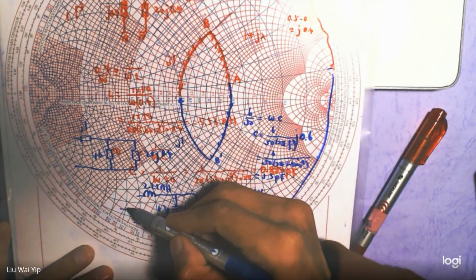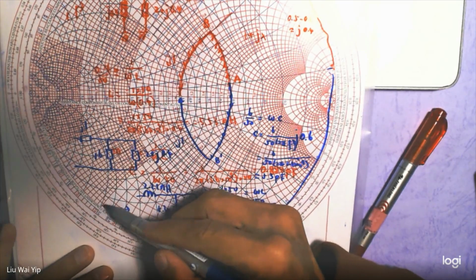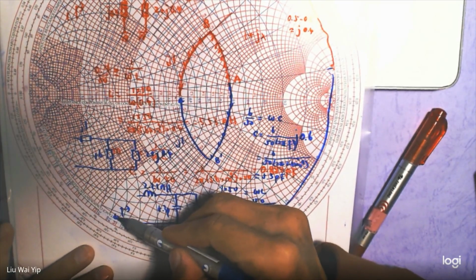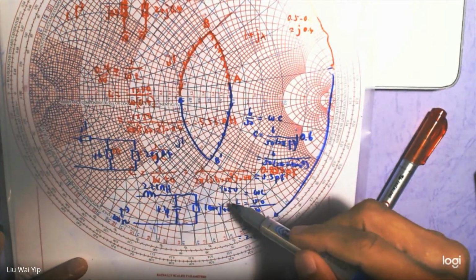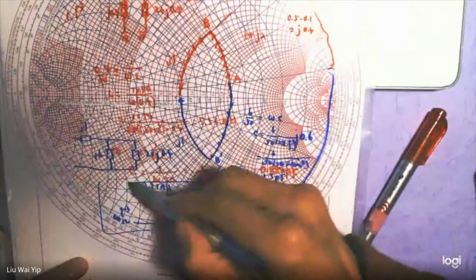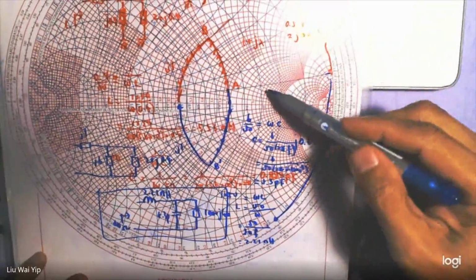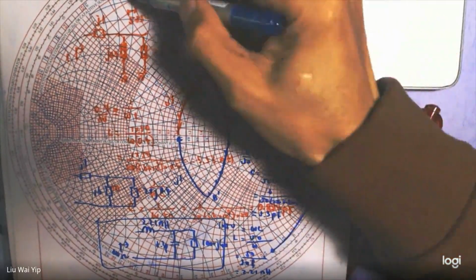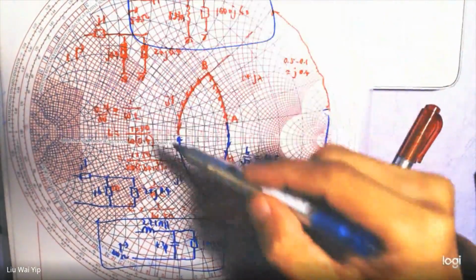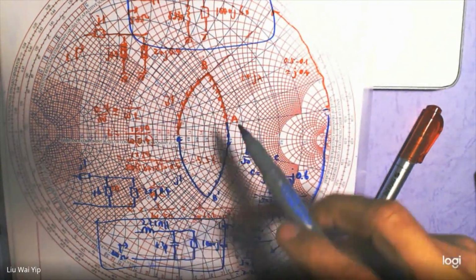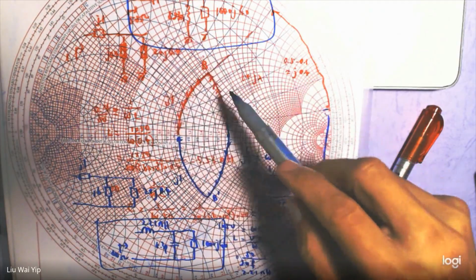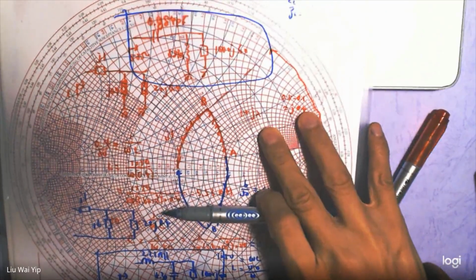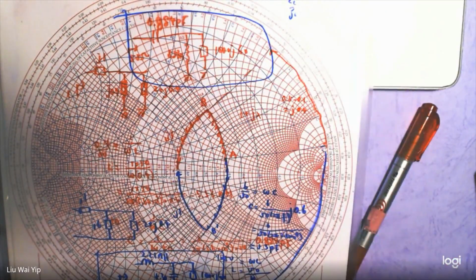So if you look into here, then it will be 50 ohm. So we have two solutions, yeah. This is one, and the other solution is here, 2. Okay. 5.5 nano and 0.88. So yeah, there are two solutions.